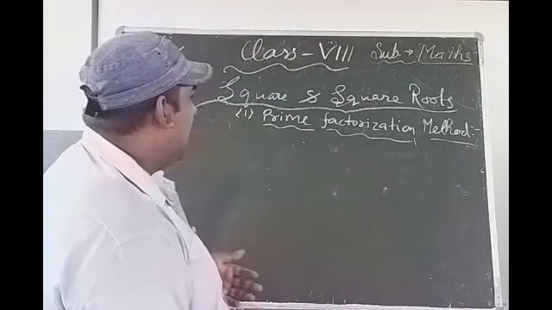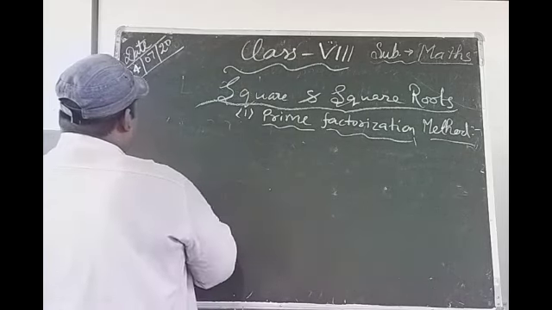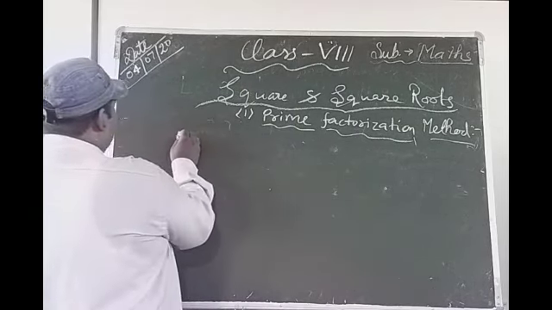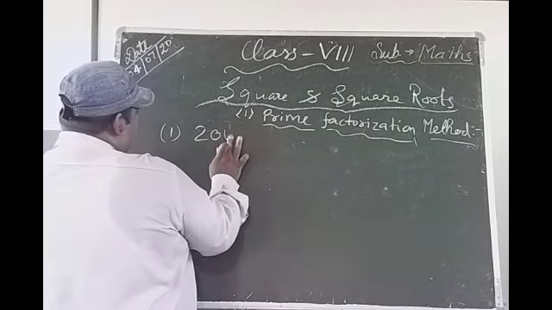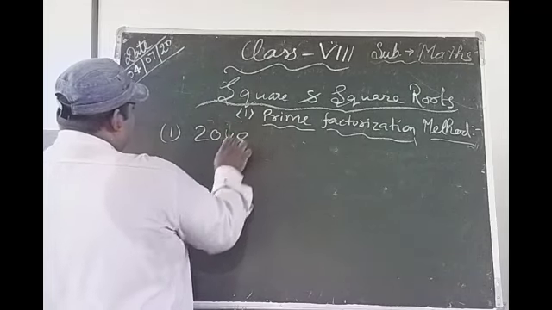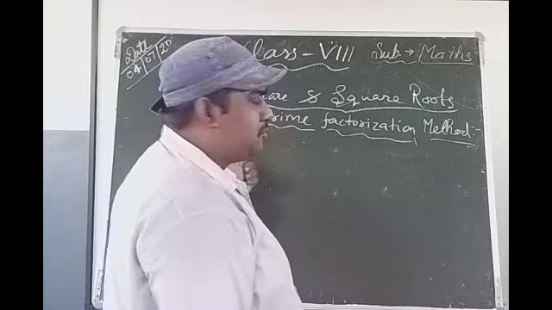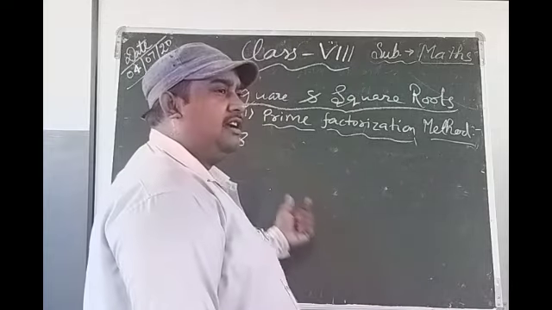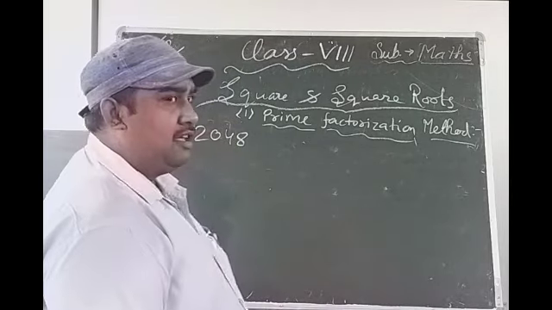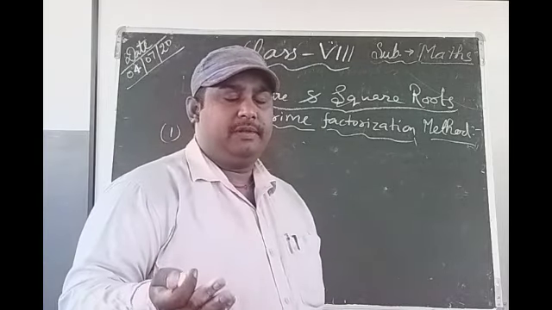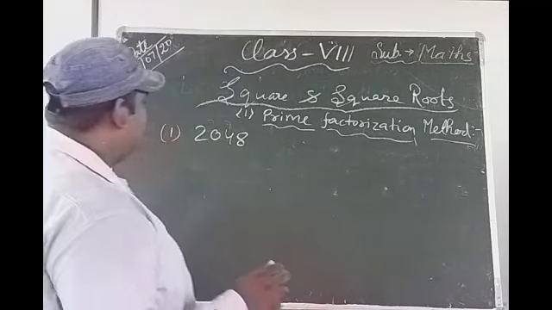Okay students, now there is another method that you have to learn. Suppose I am solving one question where you have to find out whether it is a perfect square or not. Suppose 2048. You have to write the smallest number by which it must be multiplied so that it will be a perfect square number, and also find the square root of the new number formed.